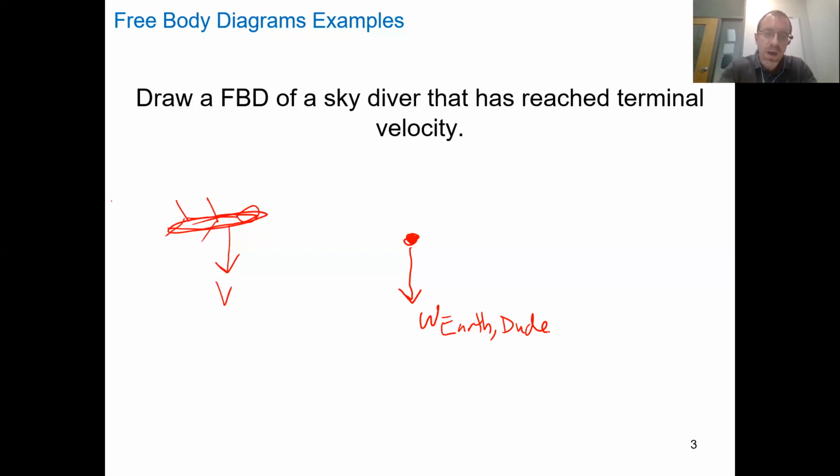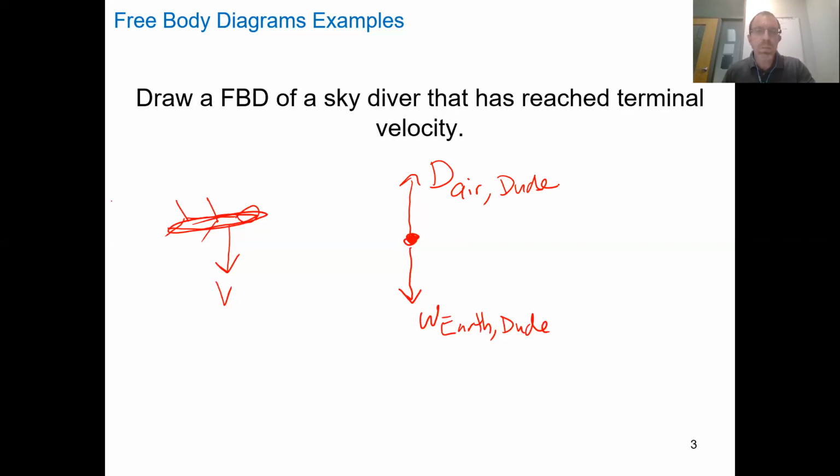Because this guy has reached terminal velocity and his acceleration now is 0, that drag vector should be the exact same length as my weight vector, and that's drag due to air acting on my dude. Notice there that the second subscript is always the object that I'm drawing the free body diagram for.